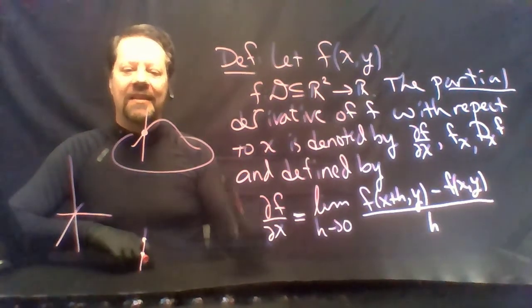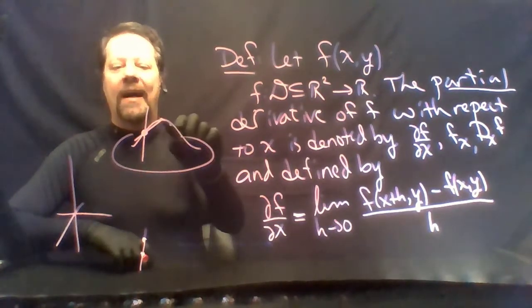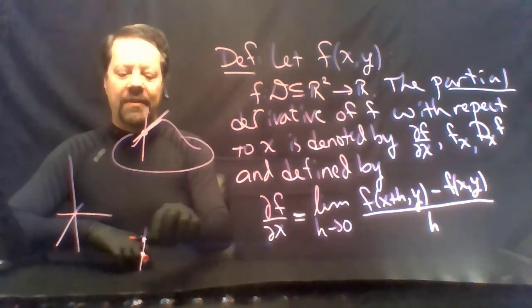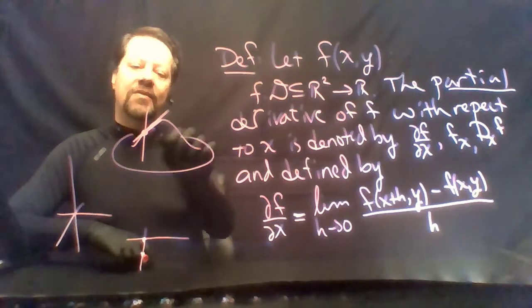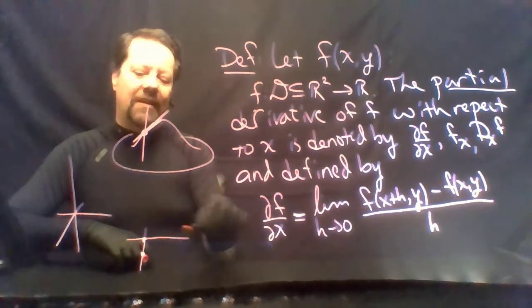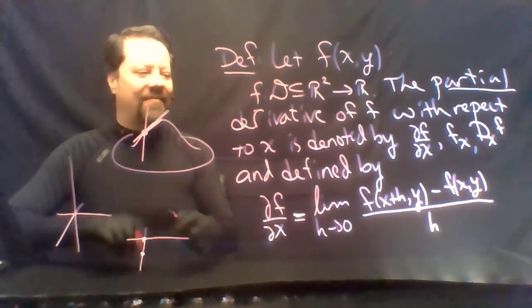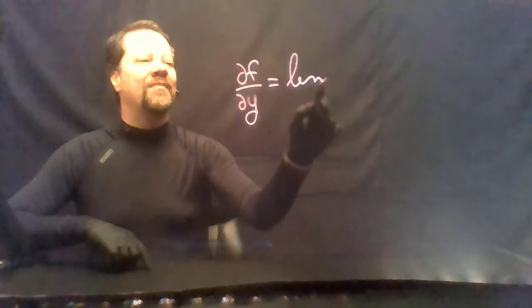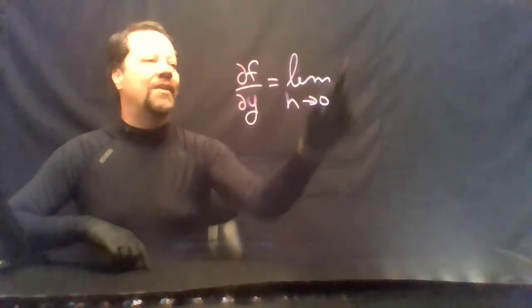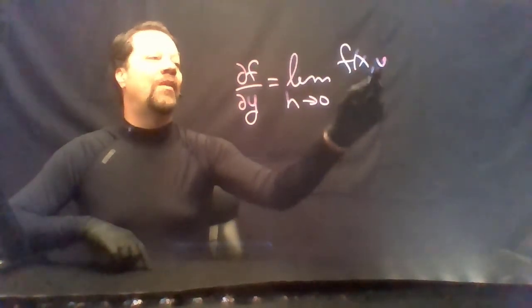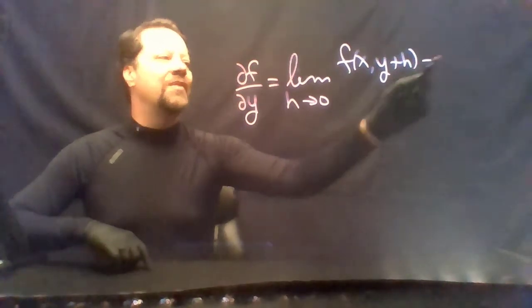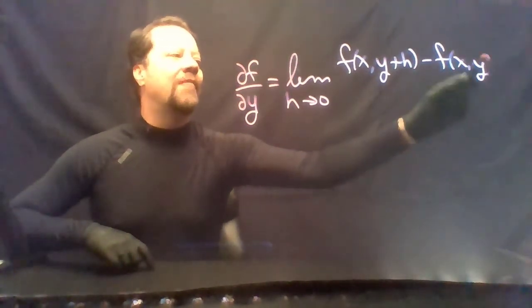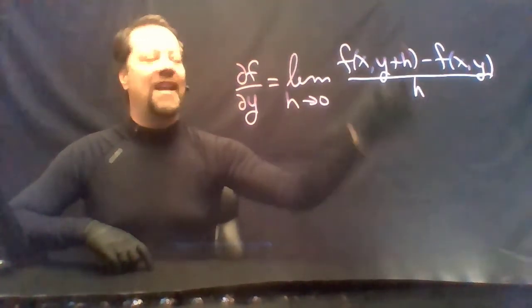You can see that partial derivatives with respect to y will give you slopes of tangent lines as you march parallel to the y-axis. Obviously then, df dy will be the limit as h goes to 0 of f of x comma y plus h minus f of x comma y over h.